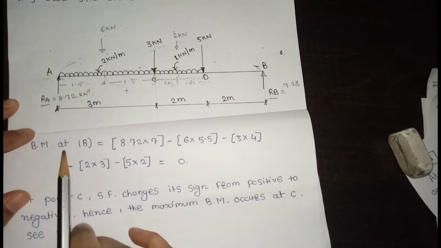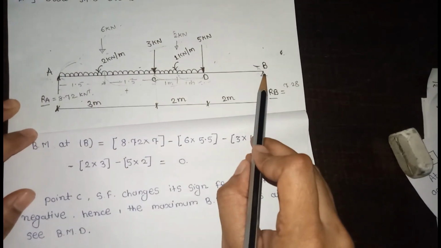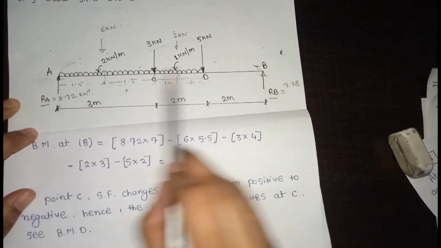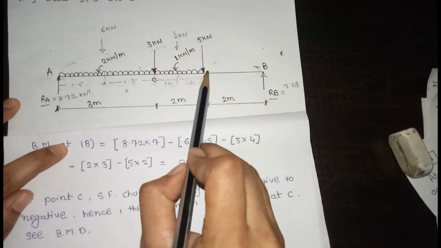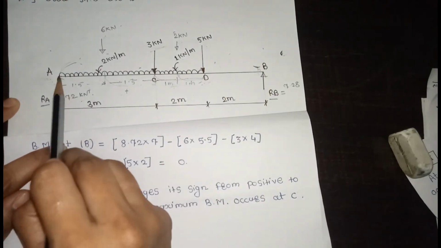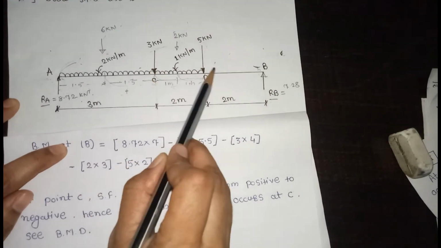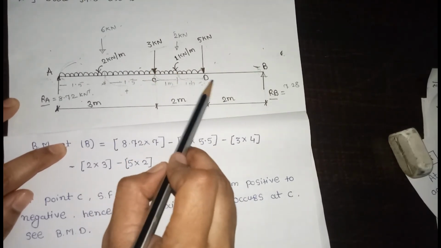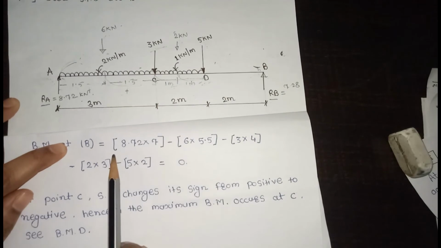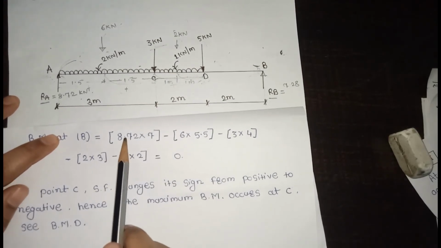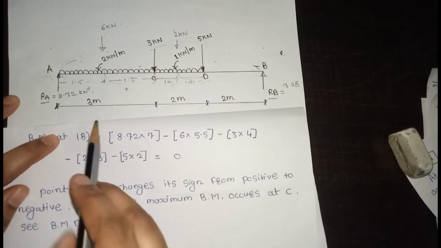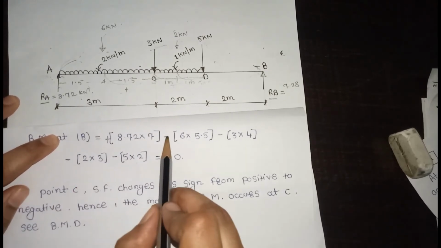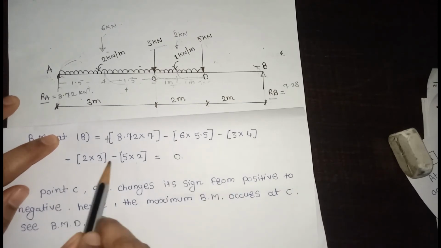Then bending moment at point B. How many forces are in the left section from point B? First, second, third, fourth, fifth. First of all decide the rotation. First is clockwise, second anti-clockwise, third anti-clockwise, fourth anti-clockwise, fifth anti-clockwise. Five forces are there, so five brackets. Plus first is clockwise, then anti-clockwise means minus.